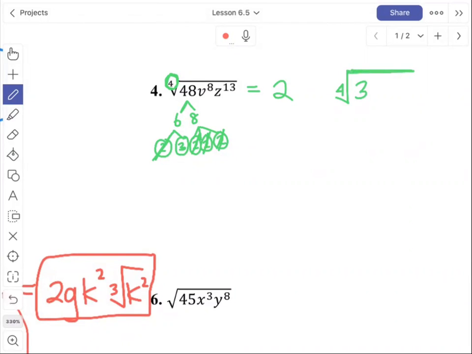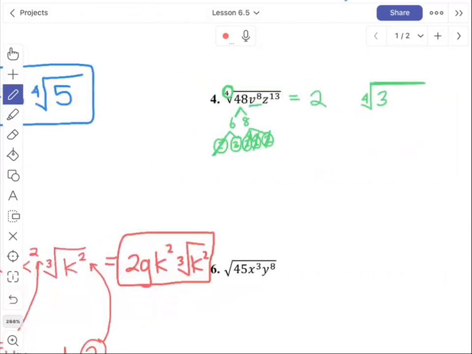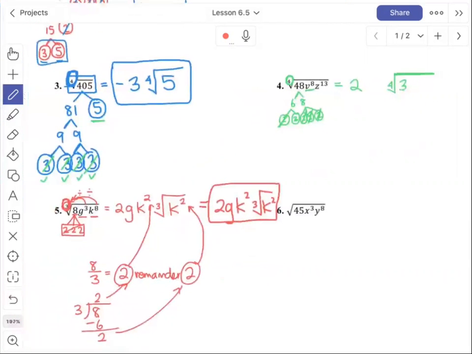All right, so Ethan, now, what about the v? What do I do with that v to the 8th? Do you do the factor tree for the 8? Easier than that. So look at what we did with number 5. Look at what we did with the g. Look at the g to the 3rd. What do we do with that exponent of 3?